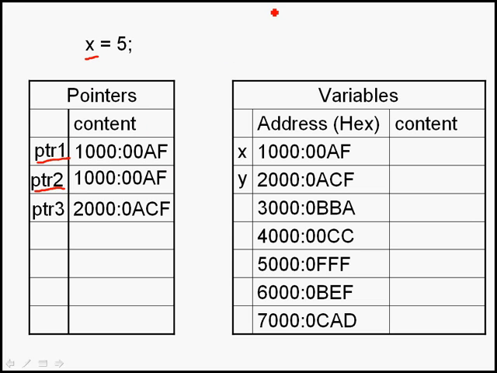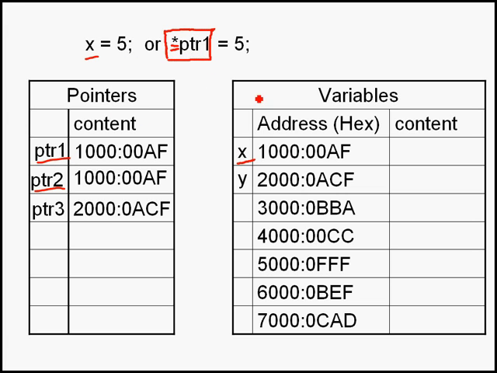We can use this syntax: star ptr1 equals 5. When I use this syntax, star ptr1, that means x. That means the variable pointed to by ptr1.